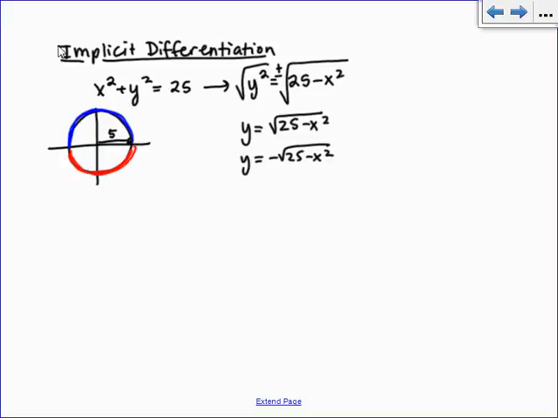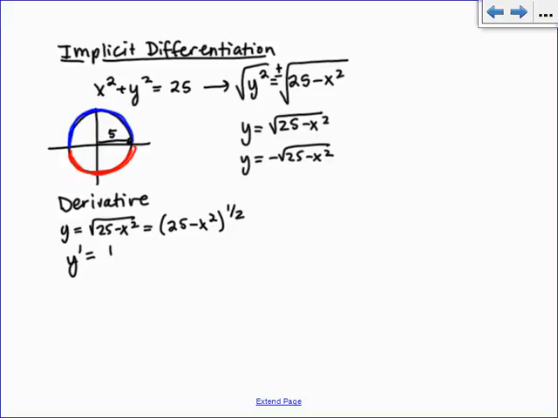Now we could take the derivative of each of those. You don't have to write this. If I had y equals the square root of 25 minus x squared, we would just do the chain rule. We'd treat it as 25 minus x squared to the 1/2, and y prime would be 1/2 times 25 minus x squared to the negative 1/2 times negative 2x.